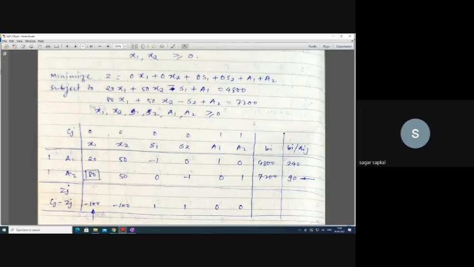Okay, completed the second table. Have you completed the second table?